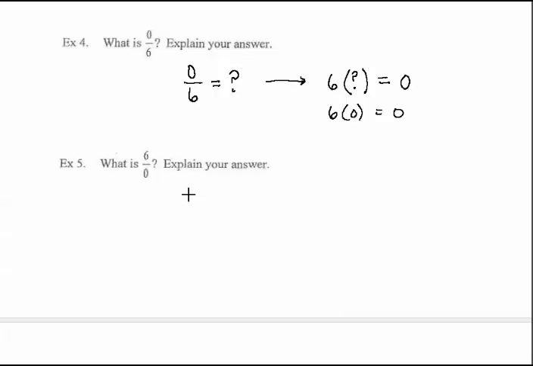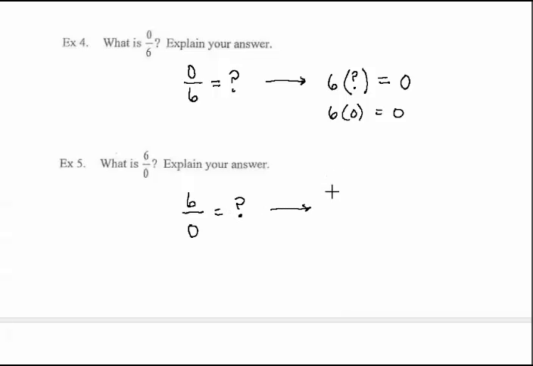Now example 5, different situation. We now have the 0 on the bottom. And you're probably thinking 0, but that's not true. So then you start thinking about, well, what number could it be if it's not 0?